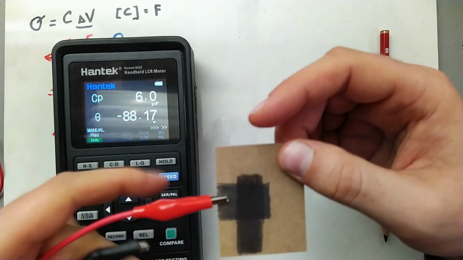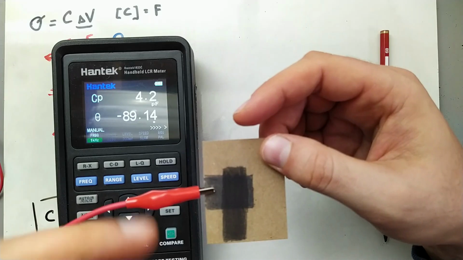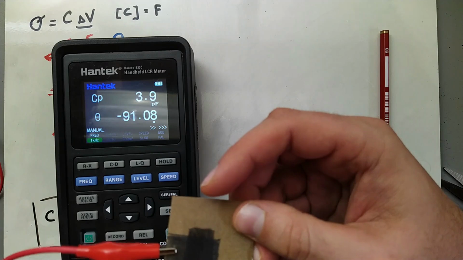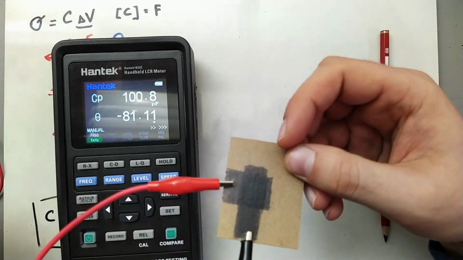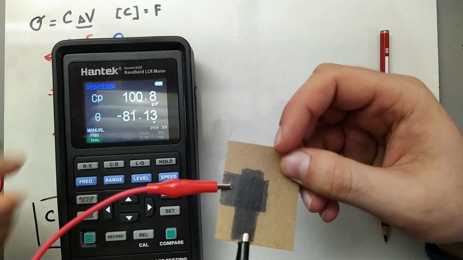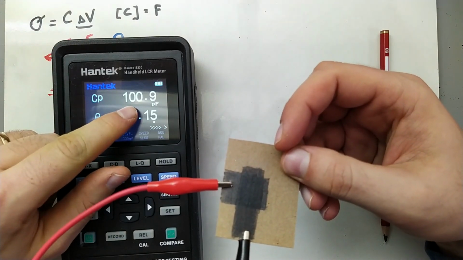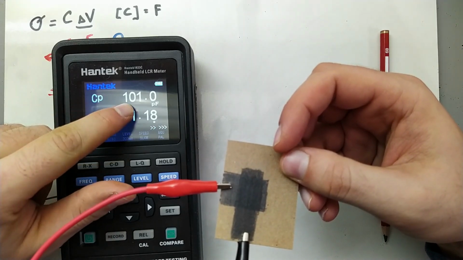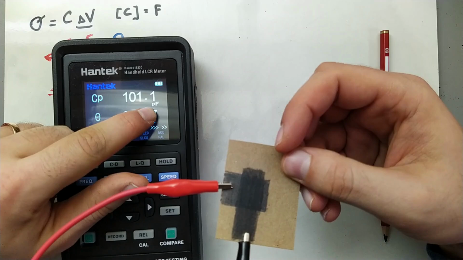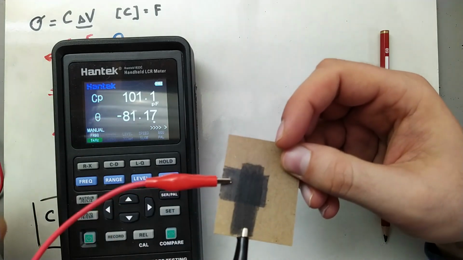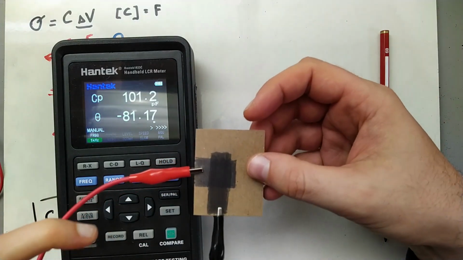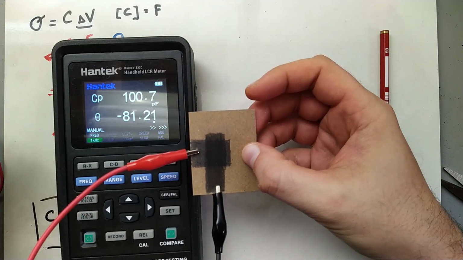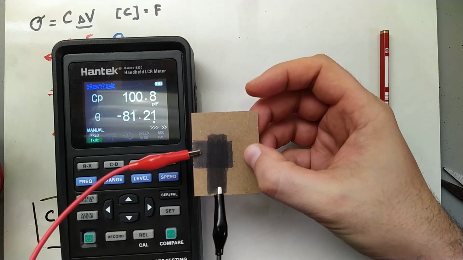So we contact one electrode and we contact the second electrode. Okay, so now we see this is our capacitance. So we have 100 picofarad capacitance of this parallel plate capacitor, which we just made with very simple materials and technique.